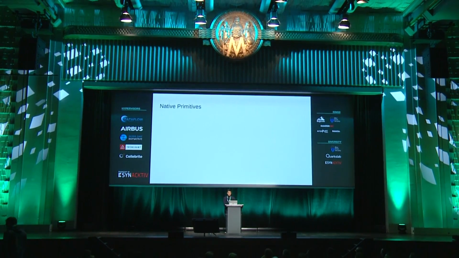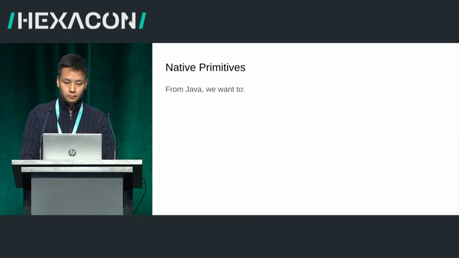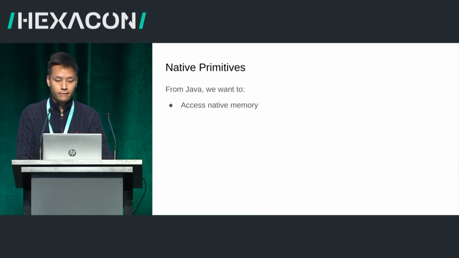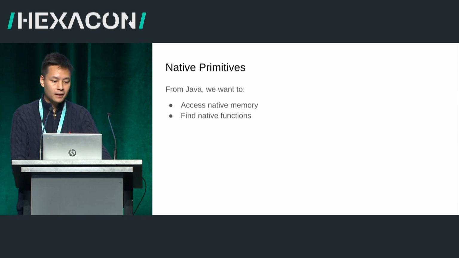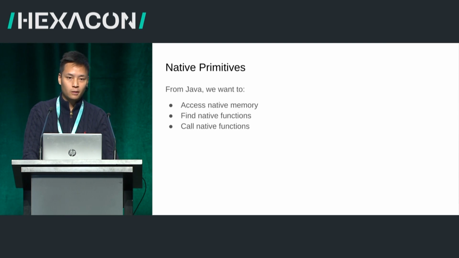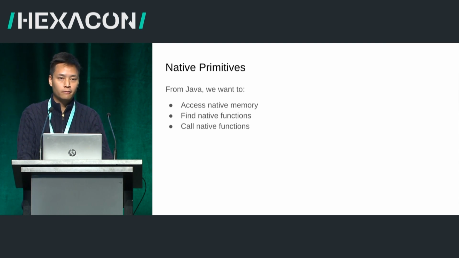And for that, we want to have 3 primitives that are accessible from Java. We want to access native memory. That includes allocating, freeing, getting and setting native memory. We want to find native methods, which is we want to know the addresses of these native functions. And most importantly, we want to call native functions. We want a way to invoke these functions with arbitrary arguments and also get the return value.